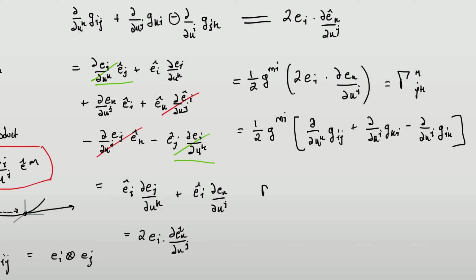So that means this is equal to this right here. So our intrinsic formula for our Christoffel symbol Γ^m_jk is equal to 1/2 g^mi times, now I'm going to write this a little bit differently to condense it, g_ij,k plus g_ki,j.